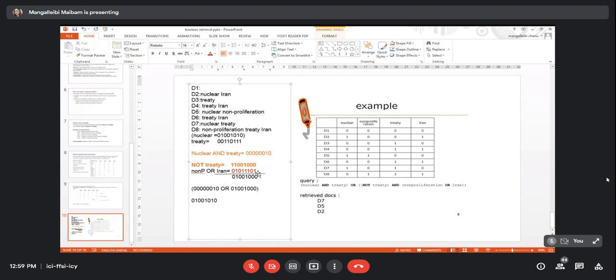Others, all 0. So 0 and 1, 0; 0 and 0, 0; 0 and 1, 0; 1 and 1, it will be 1; 0 and 1, it will be 0; 0 and 0, it will be 0; 1 and 1, it will be 1; 1 and 0, it will be 0. So this is the result for the bracket part.